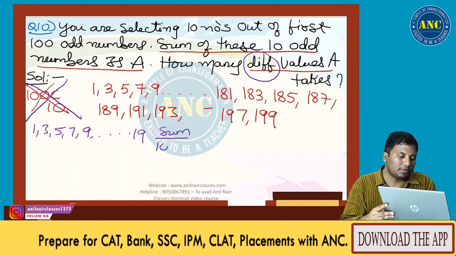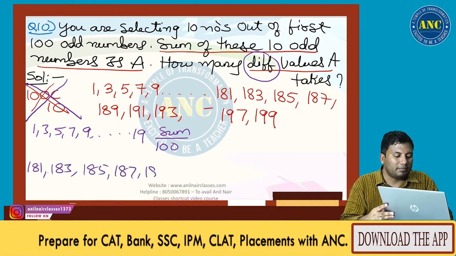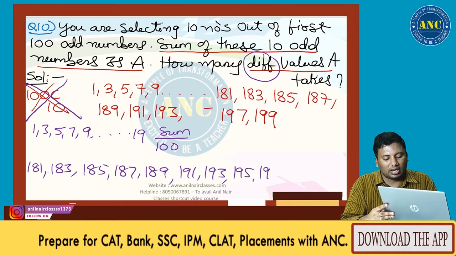100. Let me take the highest: 181, 183, 185, 187, 189, 191, 193, 195, 197, 199.